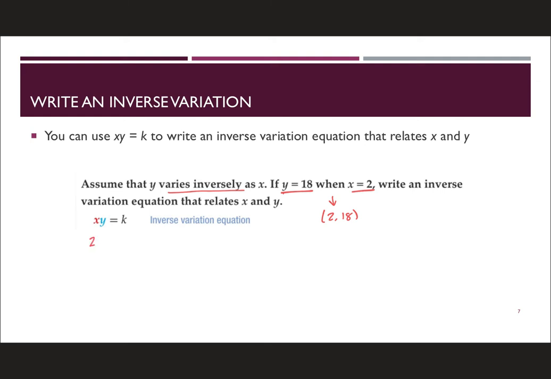So I've got 2 times 18, and this is going to equal 36. So k is equal to 36. And if I were to write an equation of this inverse variation, it would be y is equal to 36 over x. Which means that this is my answer right here.